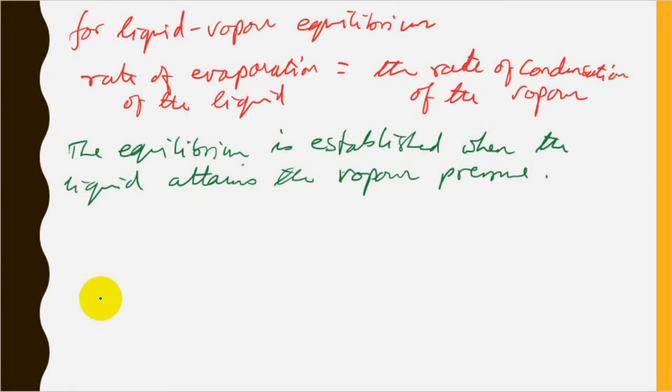Okay, and look here. When this vapor pressure becomes equal to the atmospheric pressure, then the liquid starts boiling also. So at that point, the equilibrium can also be established.